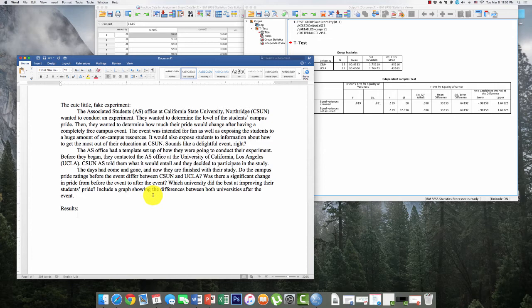So to write this up, we're going to say there was successful random assignment because the variances were fairly homogeneous, or you can say fairly similar, whatever you want.